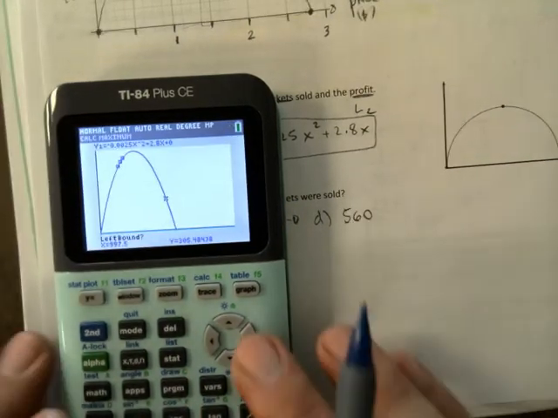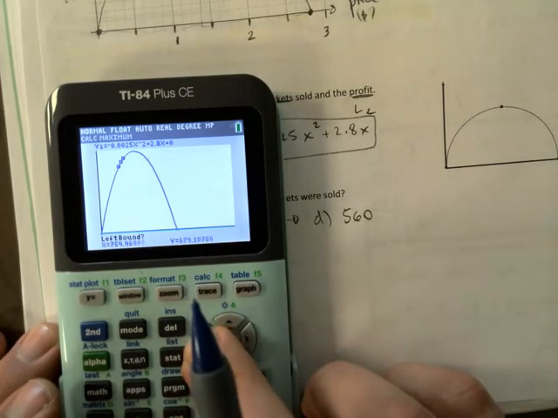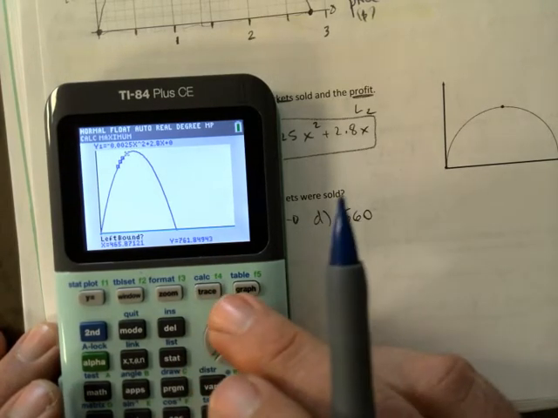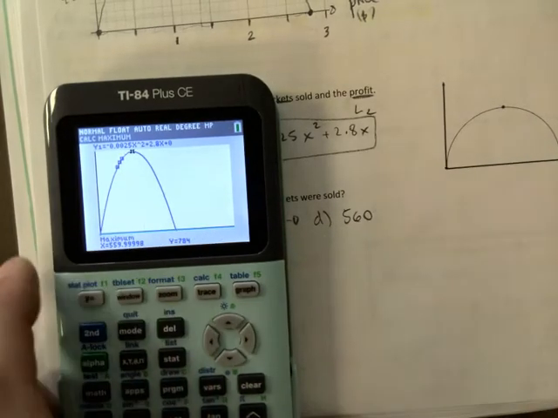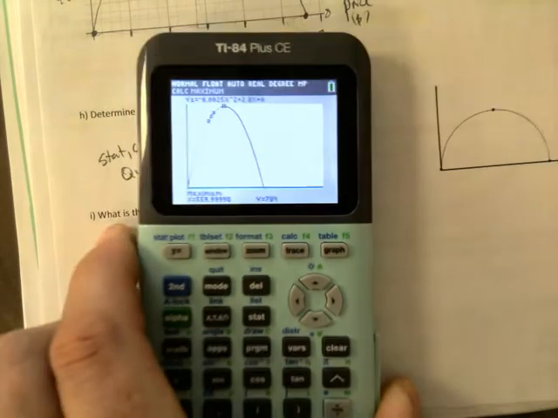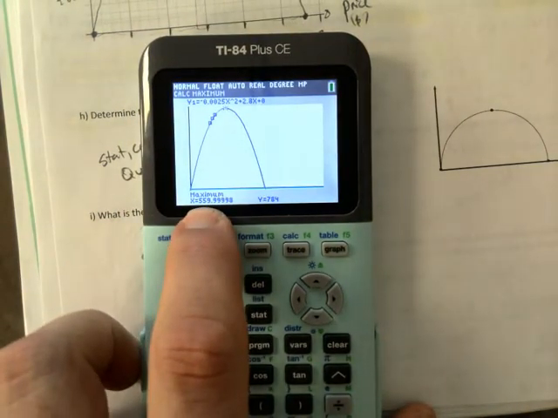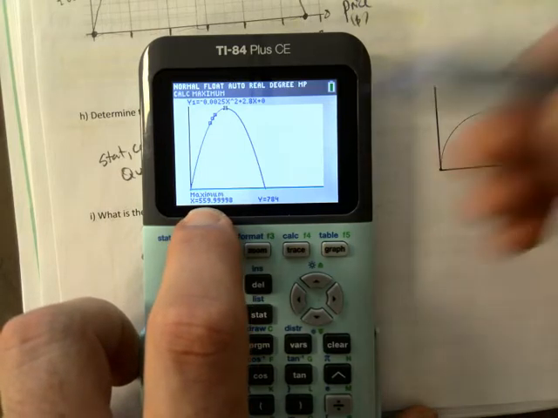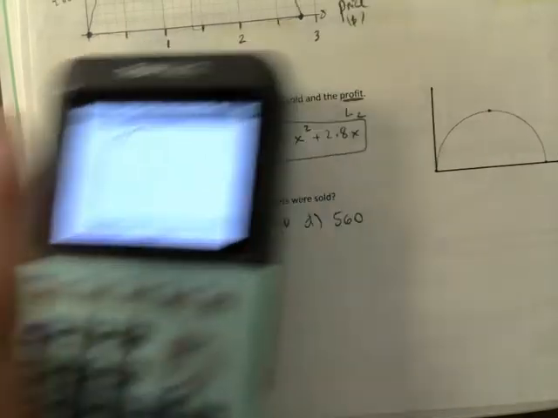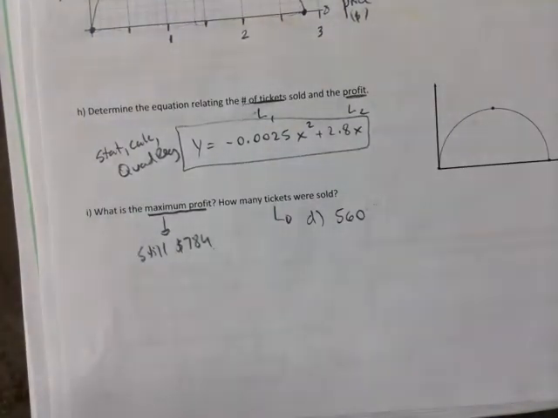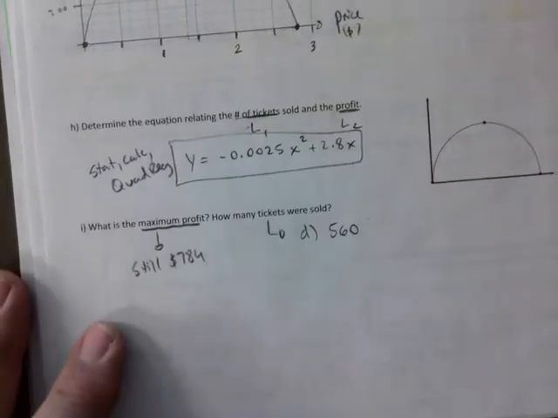You go second trace 4 for the max, you're going to figure out that your profit is still 784, and your tickets, watch that, 559.9999, right? That's 560. So it's just a different quadratic equation, still talking about profit, but now we're considering the tickets sold. Okay, this is it for profit. Just one example. That's all I'm going to give you.